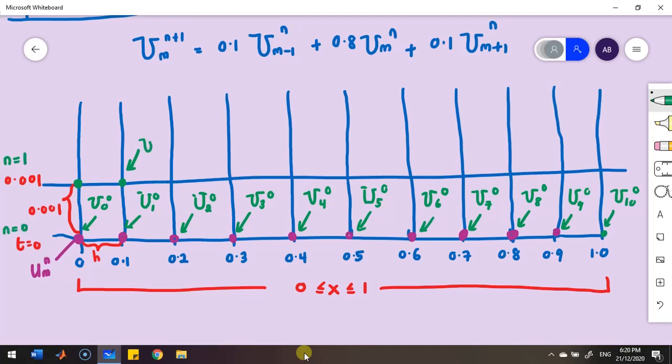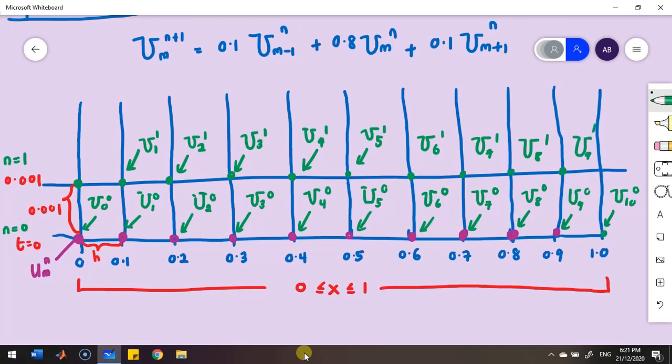So I will have U1,1, U2,1, U3,1, U4,1, U5,1, get the idea, U6,1, U7,1, U8,1, U9,1, and U10,1. All these values I need to find out using the 4-point explicit method.